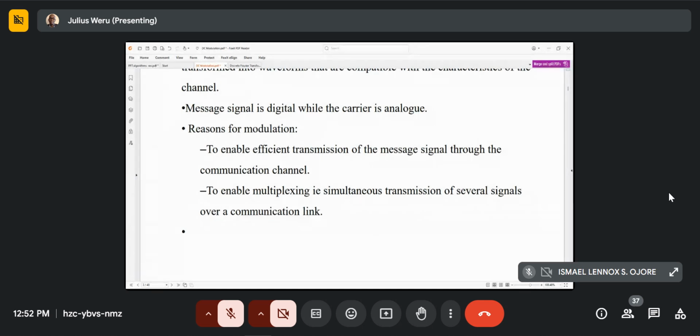But you can modulate each voice with a different carrier and then transmit them together. You'll be able to demodulate them and recover your original signals. So those are the main reasons.